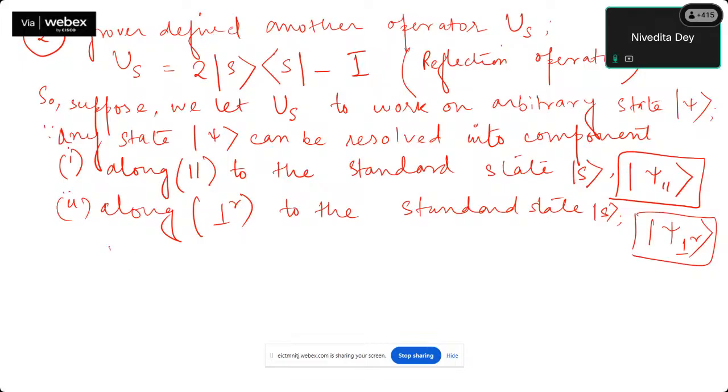So psi can be written as psi parallel plus psi perpendicular.